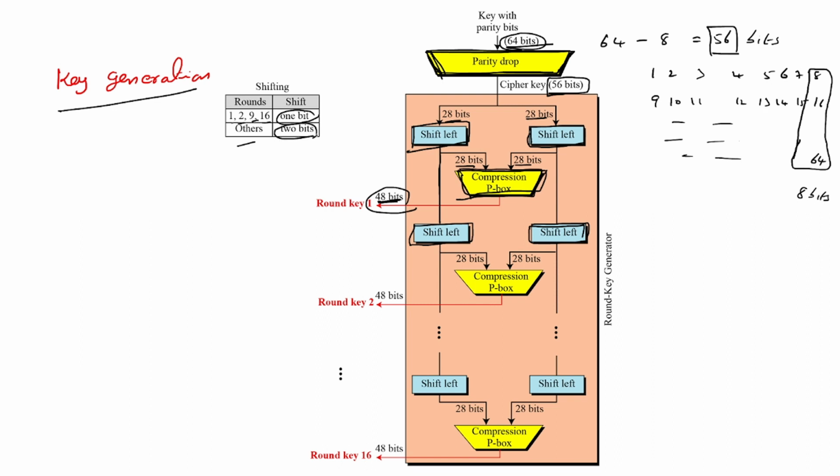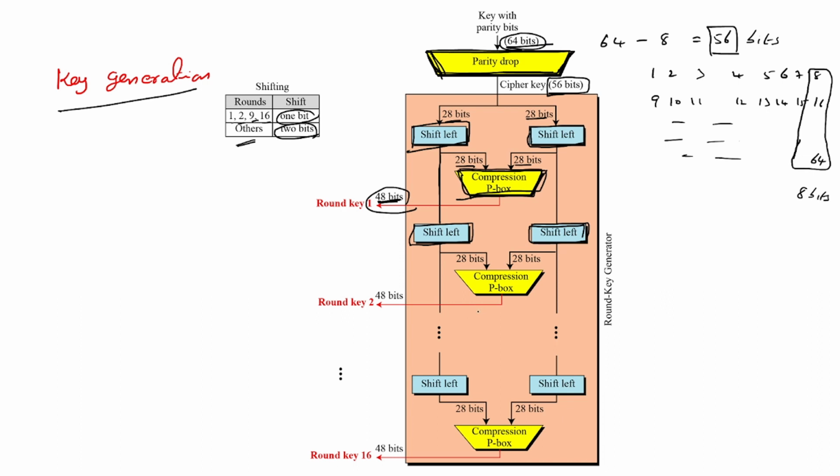So for these 4 rounds, 1, 2, 9, 16, we perform a 1-bit circular left shift operation, and for all other rounds we perform a 2-bit circular left shift operation.